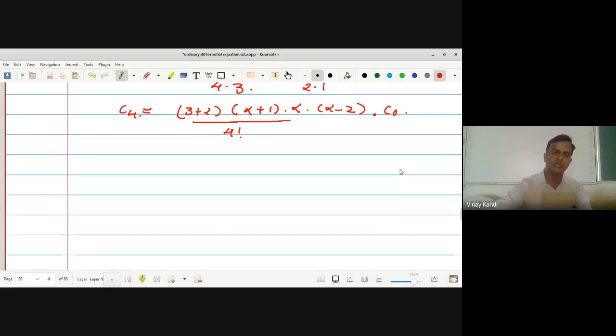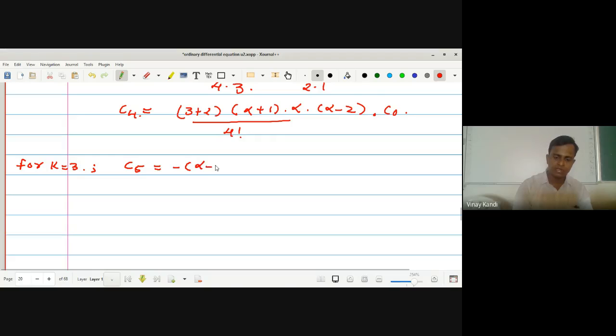Now for K is equal to 3, what we get, C5 is equal to minus alpha minus 3, directly we can write 4.